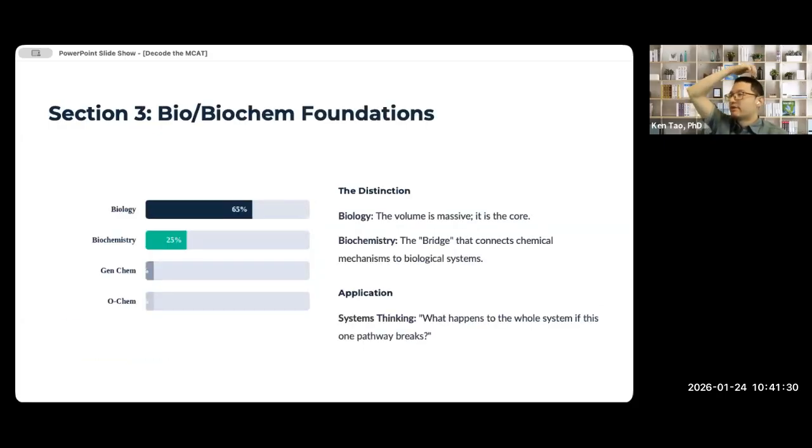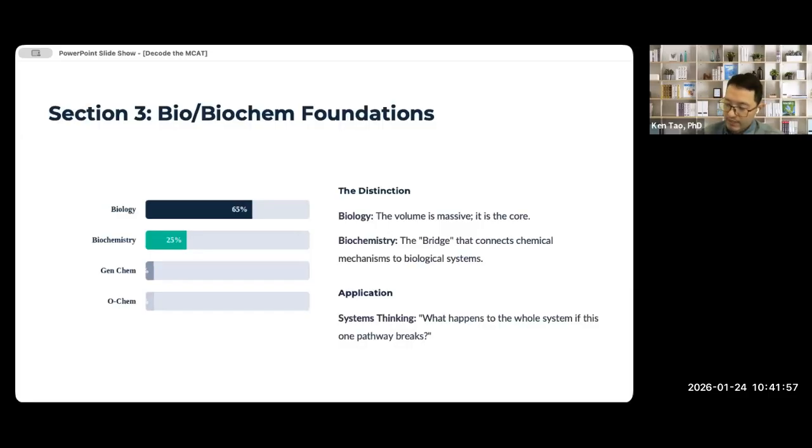All right, let's talk about the biochem section. So the biochem section, you can see here, it's 65% biology, 25% biochemistry, 5% general chemistry, and 5% organic chemistry. If you're looking at the slides and pay attention to the percentages, you'll notice, as I said, that biology is the most important, right? It's 5% of the chem phys section, 65% of the biochem section, so that gets us to 70%.